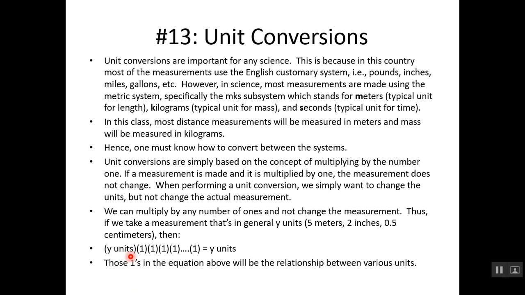So what you're doing with unit conversions is taking the original units and multiplying them by 1 so that you don't change the measurement itself. Because if you have some measurement, you multiply it by 1 and 1 again and 1 again, it doesn't change anything. And these ones just represent basic relationships between different units.